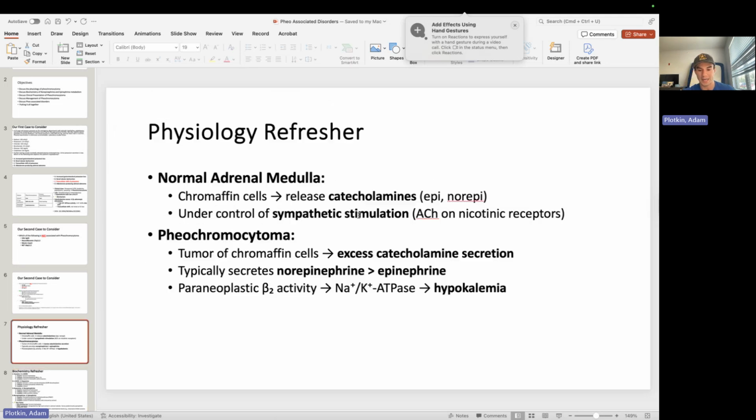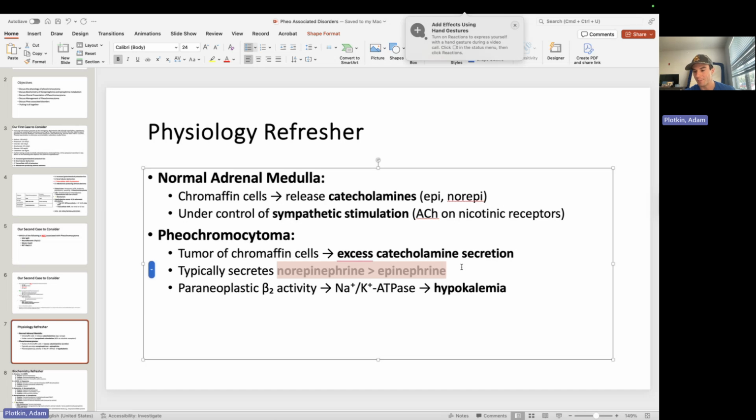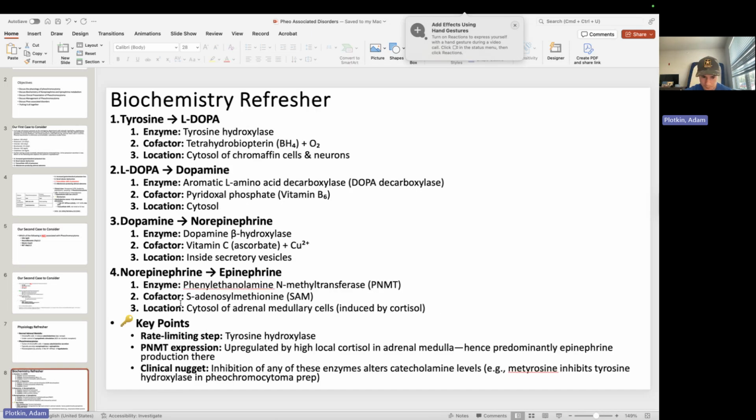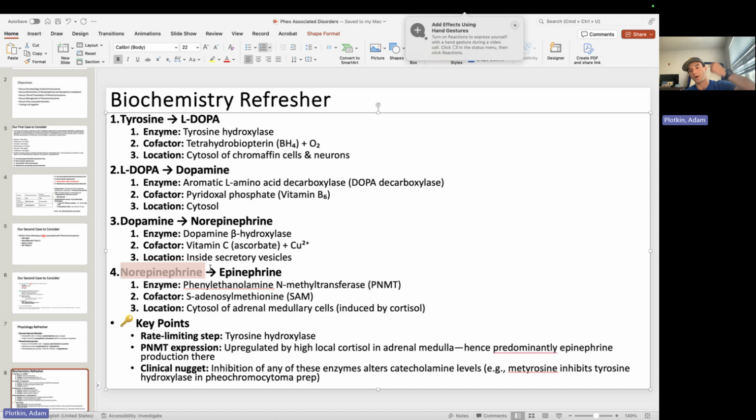So this now gets to the real cool part about the physiology and the pathophys of Pheo. I just told you norepi is made more often in Pheos than epi, and this is why. We start with norepi, which is the base of everything we make. As the Pheo makes more and more norepi, we think about where the pheochromocytoma is in relationship to the other parts of the adrenal gland. It's really close.